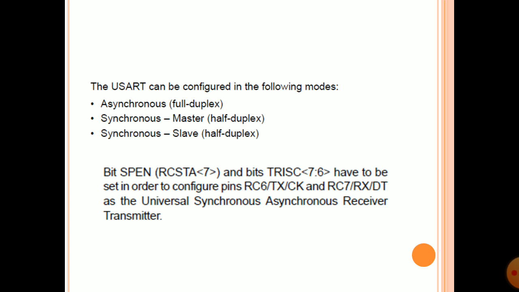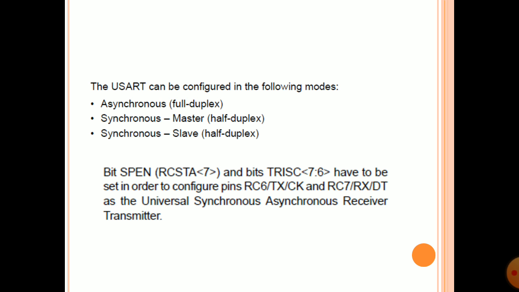synchronous slave half duplex. To use the USART module, the SPEN bit in the RCSTA register, that is bit number 7 of the RCSTA register, should be set, and the TRISC data direction register bits have to be set in order to configure the pins RC6 and RC7 as the universal synchronous and asynchronous receiver transmitter.